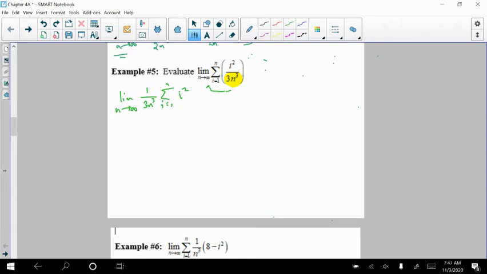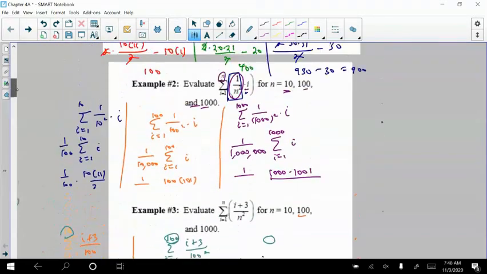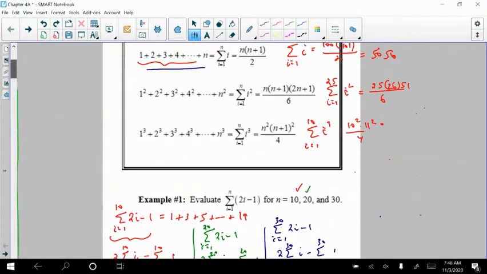So that's n times n plus 1 times 2n plus 1, all over 6. So I still haven't taken a limit yet. I have this constant of 1 over 3n cubed, but this becomes n times n plus 1 times 2n plus 1 all over 6. And if you're wondering where that came from, that's up here: the sum of the first n squares is n times n plus 1 times 2n plus 1 over 6. That's exactly what we had.